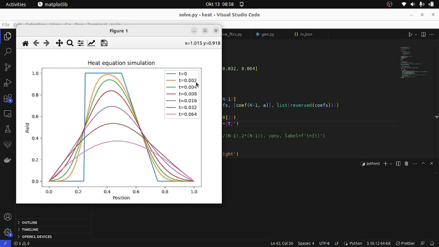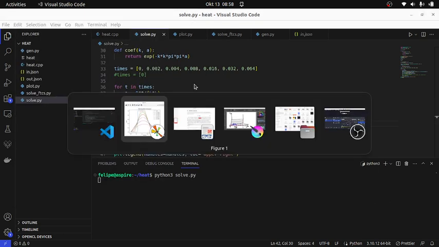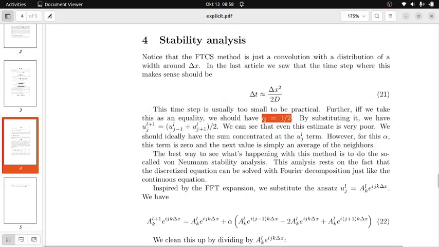So what would be this delta t in the FTCS scheme to achieve the same result? Well, we used n equals 100, so delta x would be 10 to the minus 2. 10 to the minus 2 squared is 10 to the minus 4. D equals 1, so 10 to the minus 4 divided by 2, we have 5 times 10 to the minus 5.